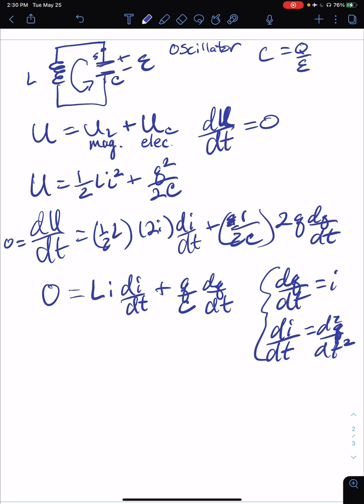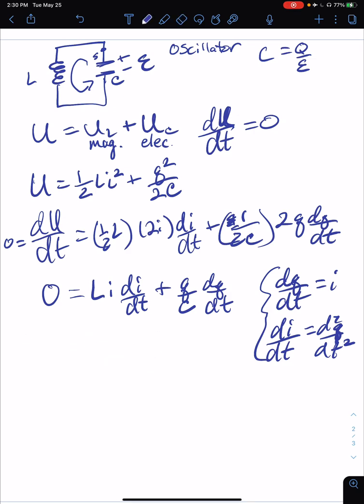So that means we can rewrite this expression as 0 equals L times the second derivative of charge with respect to time plus q over C. Well, hang on, I'm skipping an intermediate step that may be needed there.